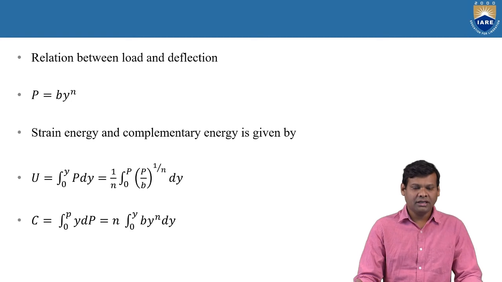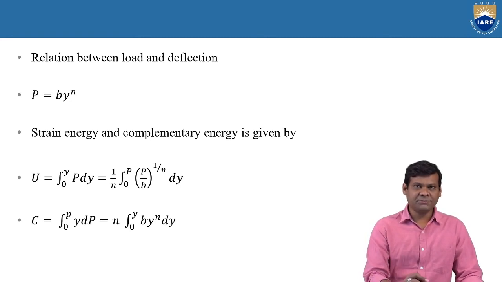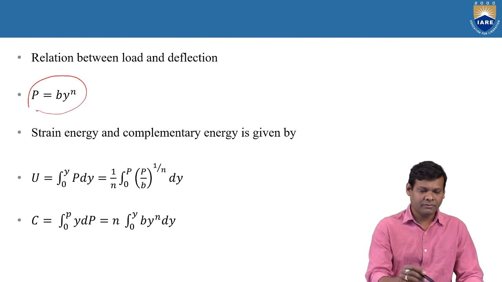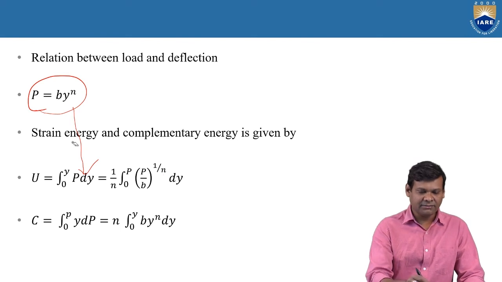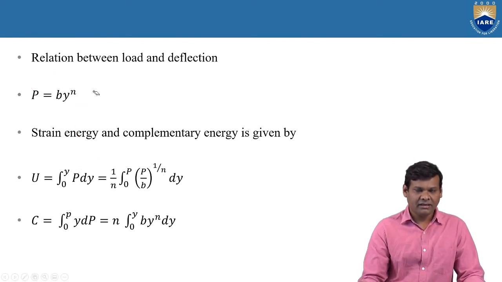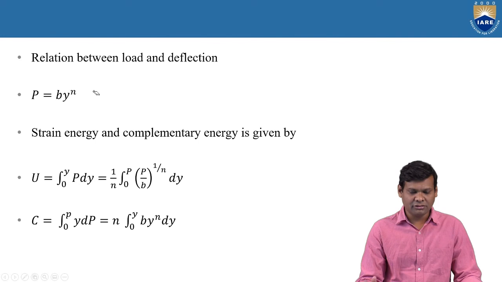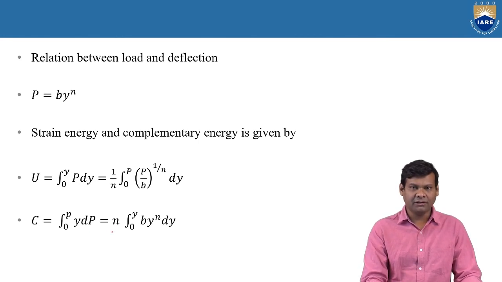U equal to integral 0 to Y of P dy. When you substitute this value of P, what we get is 1 by n times the integral 0 to P of (P by B) to the power of 1 by n dy. And similarly, the complementary energy C equal to integral 0 to P of Y dP equals n times the integral 0 to Y of B Y to the power of n dy.